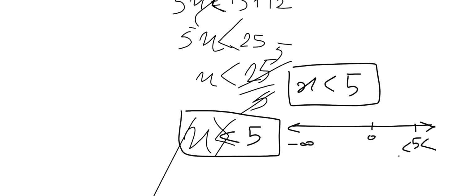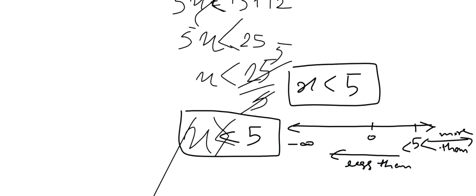On the number line, numbers on the left are lesser and numbers on the right are greater. So we need less than.